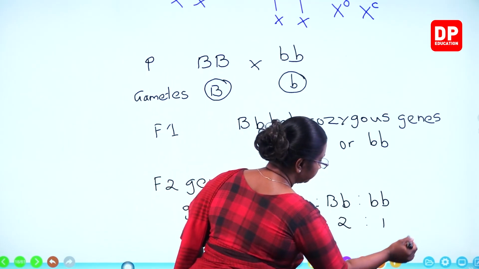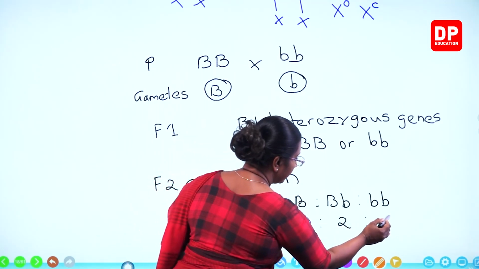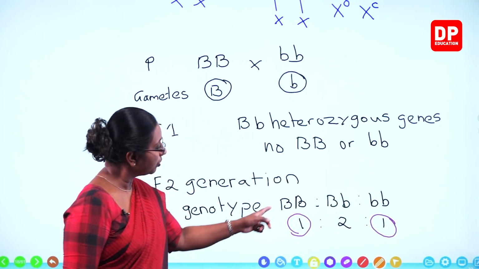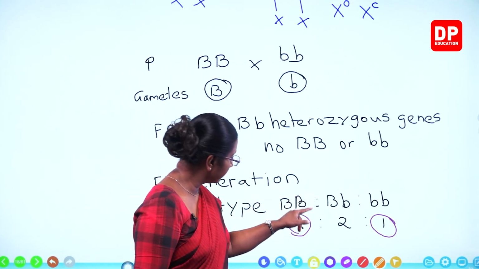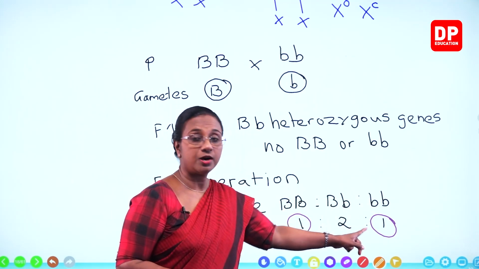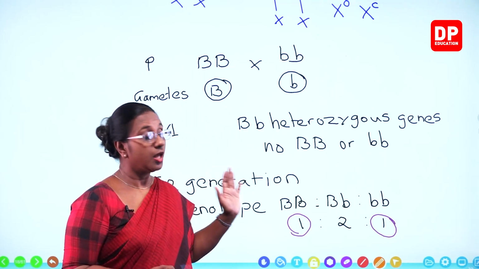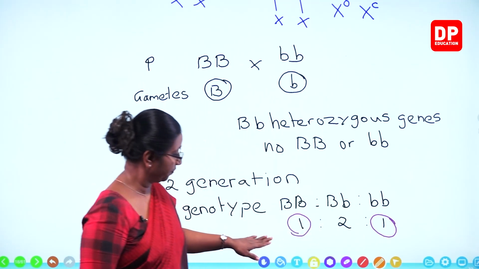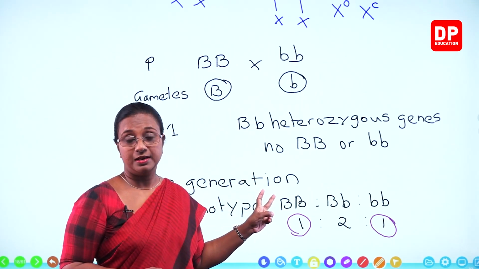So here, these two, this one and this one, both are similar to the parents. This is the dominant character, this is the recessive character. Both are homozygous and they are similar to the parents. So out of the 4, 2 of them resemble the parents.